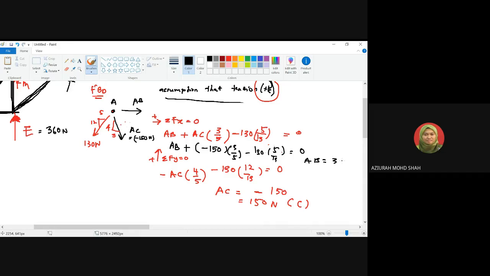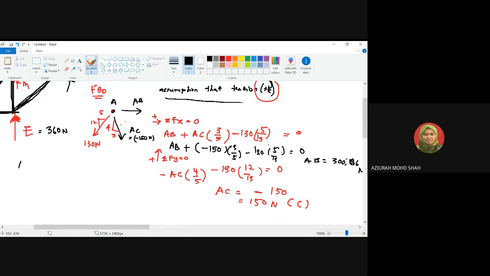So 306.66 Newton. Okay. So kita dah dapat lah.